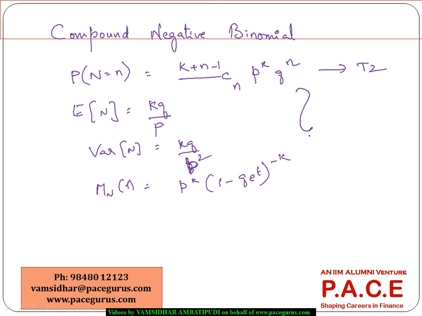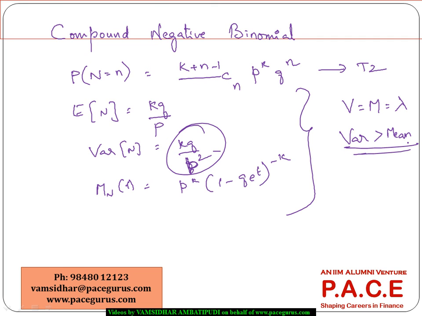In some cases, this is much better compared to a Poisson. Especially in case of Poisson, we see that the variance is same as the mean, which is lambda. Whereas here, the variance is greater than the mean. So wherever we have a real world situation where the variance is exceeding the mean heavily, probably the better choice is a negative binomial rather than a Poisson distribution, right?